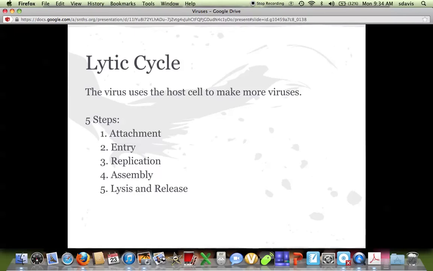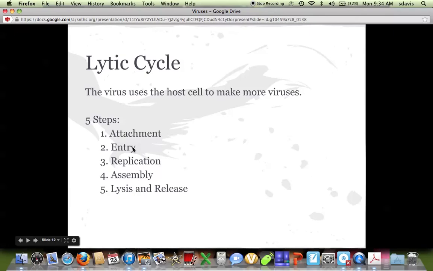So here in the lytic cycle, there's 5 main steps, and in this cycle, the virus will cause the host cell to produce more viruses, and it will ultimately lead to cell lysis, where the cell breaks open. And so the first stage, attachment, is where the virus attaches itself to the host cell.